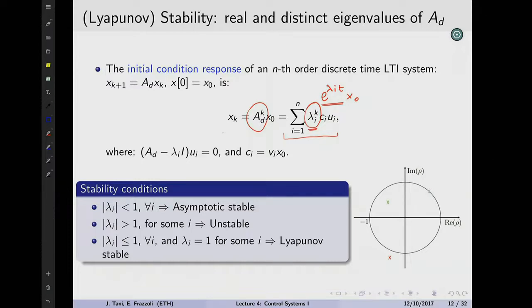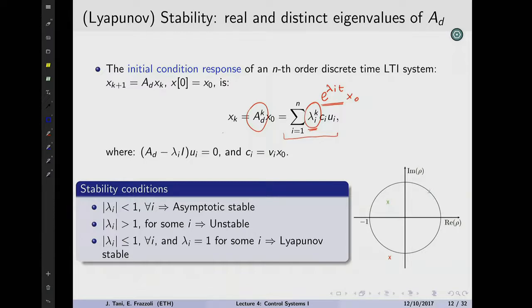So the conclusions for stability for discrete time systems are no longer that your lambda_i needs to have a real part that is negative for asymptotic stability, equal to 0 for stability, but now it's about the magnitude of the eigenvalue.